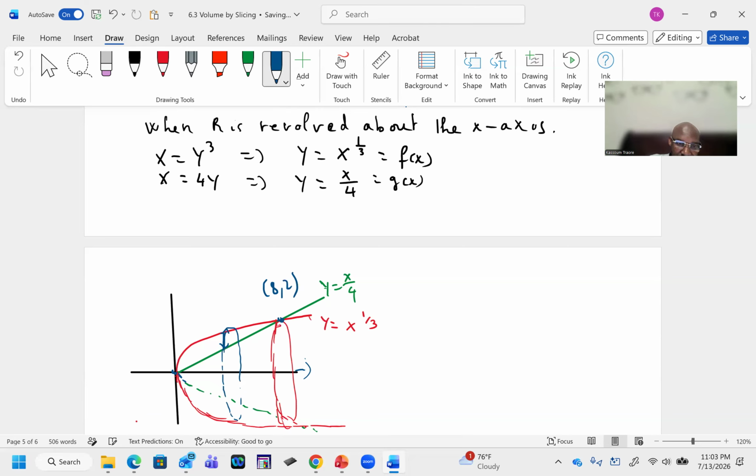So this is the limit of integration, 0 to 8. And you just need to set your volume formula now. So the V would be the integral from 0 to 8 of pi. Let me use bracket.